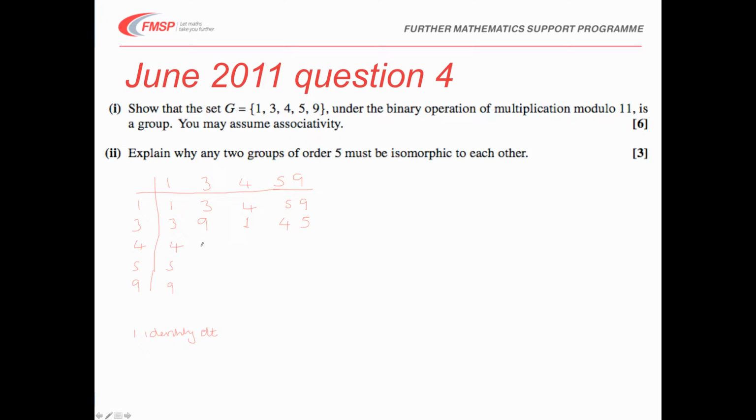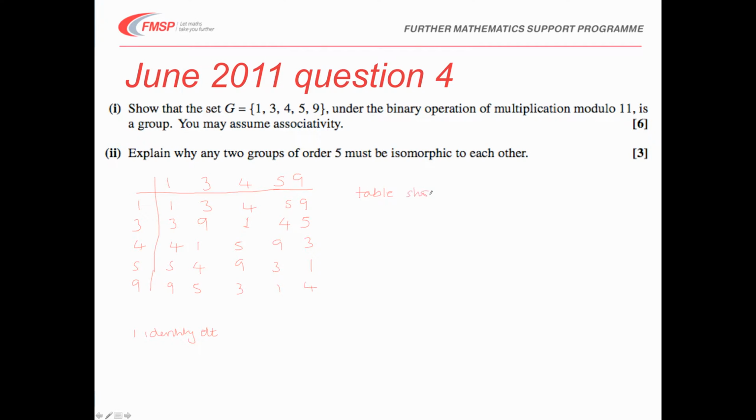Okay, 4 times 3, so we get 1 again, 5, 9, 3, and again I'm sure you can multiply these out relatively easily, modulo 11. And you do get this table, so this table shows closure. So we need to mention that the table shows closure.